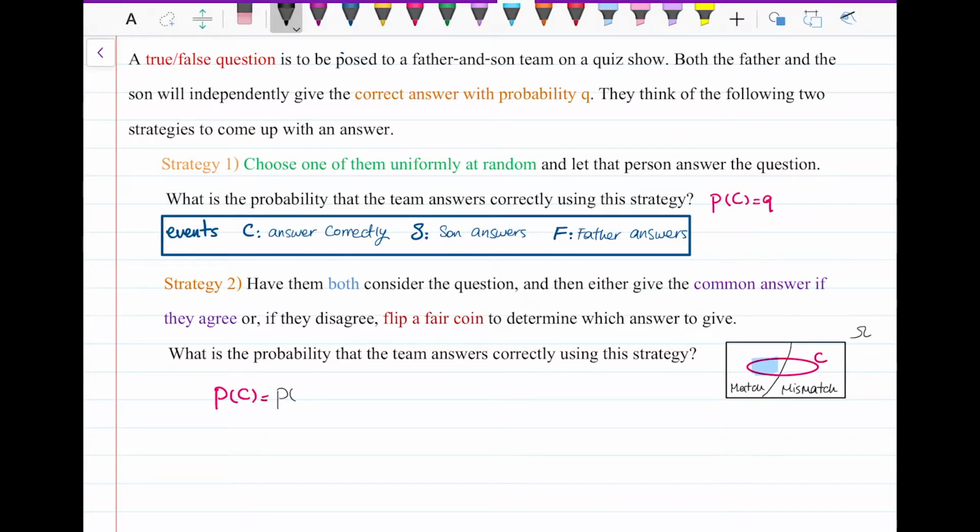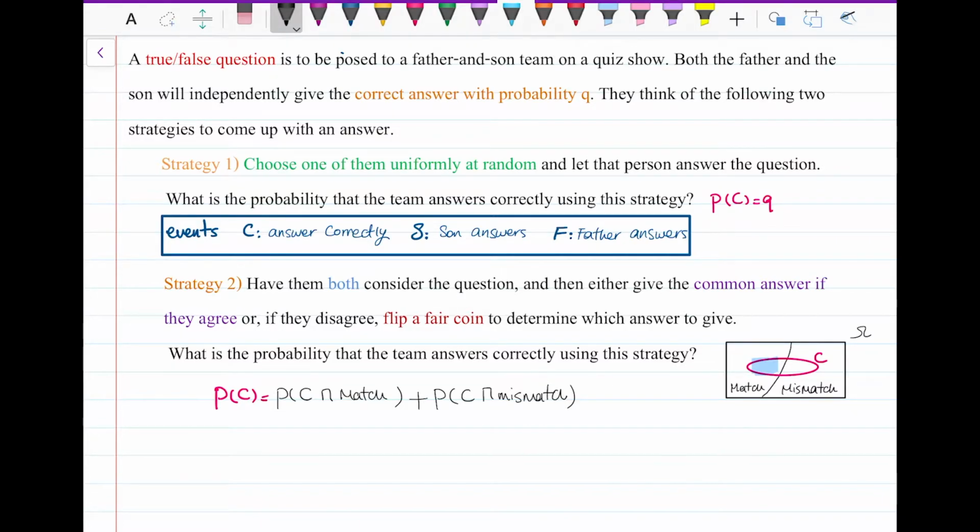So the probability of being correct and, meaning intersection, their answers match up, plus the probability that their answer is correct and they disagree, so mismatch.